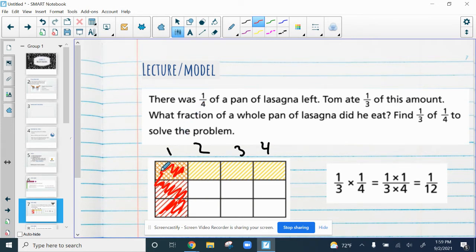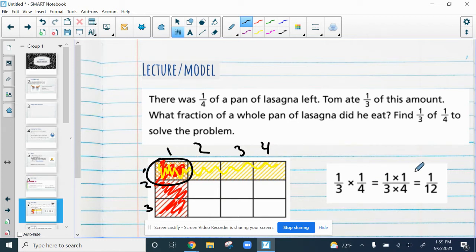Now, Tom ate 1/3 of that piece. So now on the other side, we're going to shade in 1/3. We divided it into 1, 2, 3 pieces and shaded in 1/3. Now we need to look for where there is an overlap of both colors, which is in this first square here.